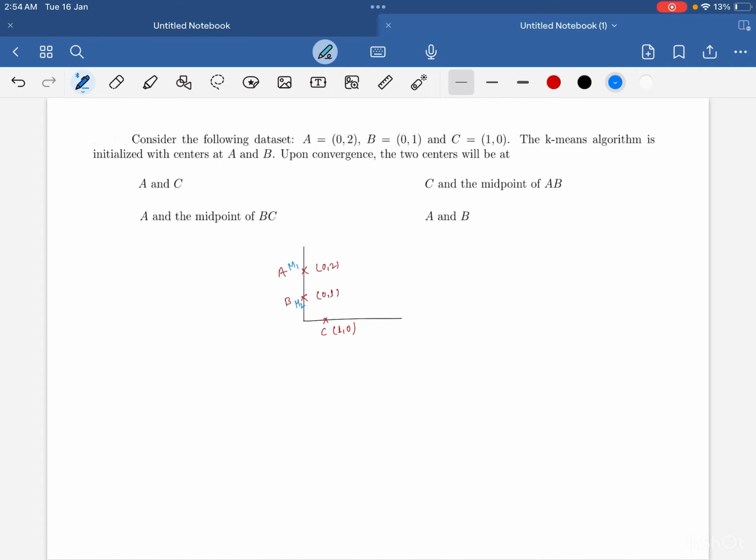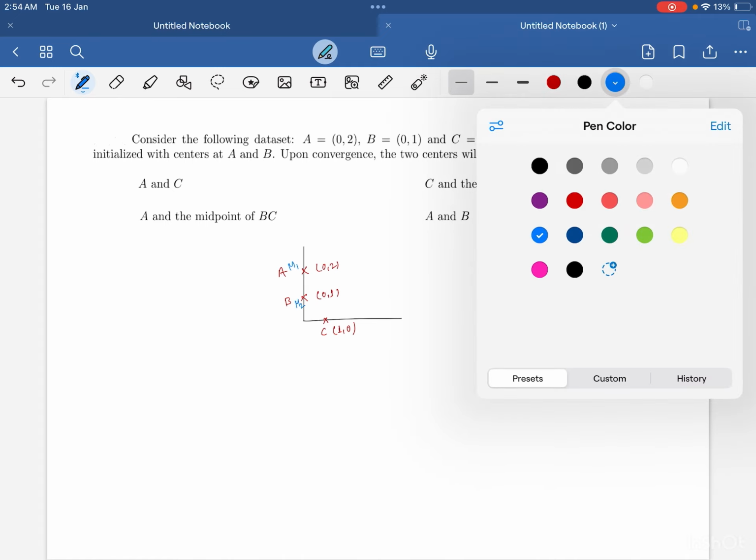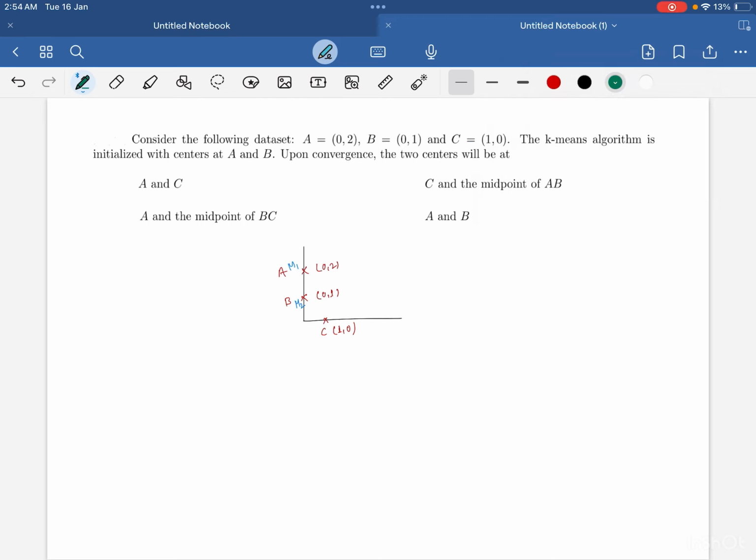So what we do in k-means: this is the first centroid and this is the second. We pick our centroids mu 1 and mu 2, and calculate the distance from each centroid to the data points.